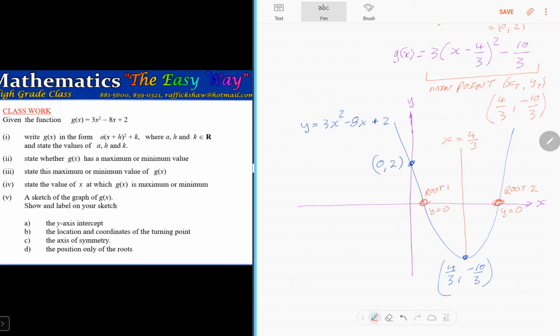And you look at this function for the roots. The roots occur where the y value is equal to 0. That's where the roots occur.